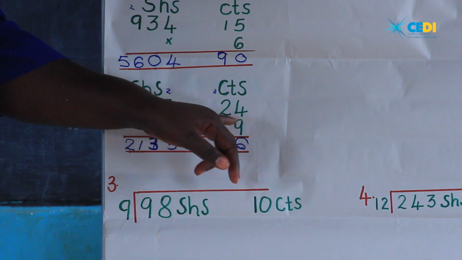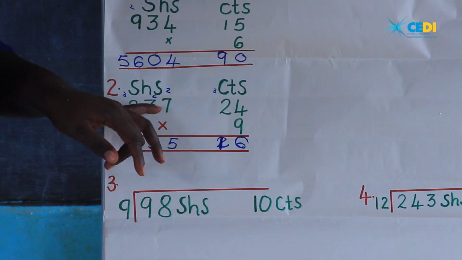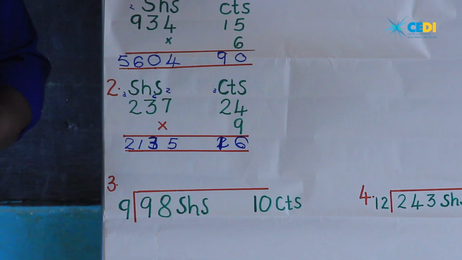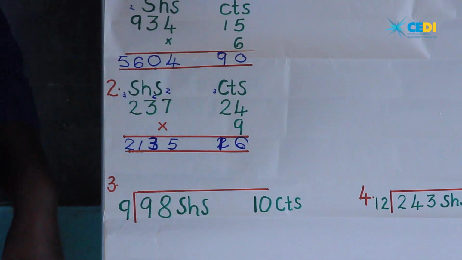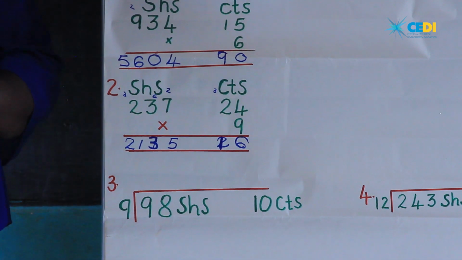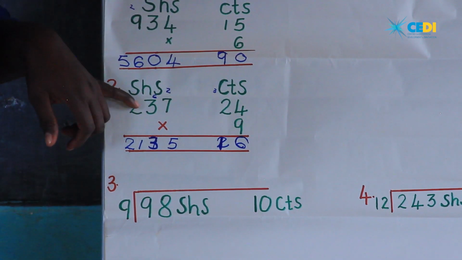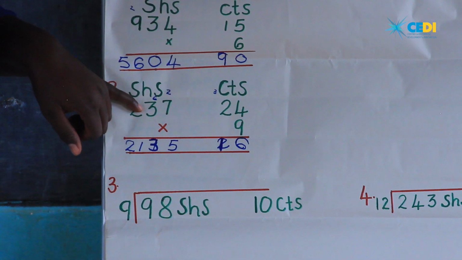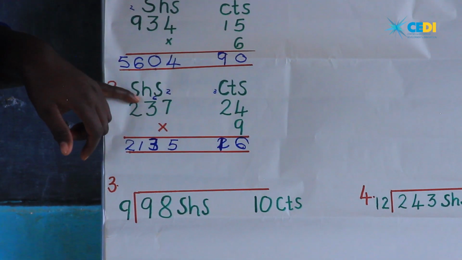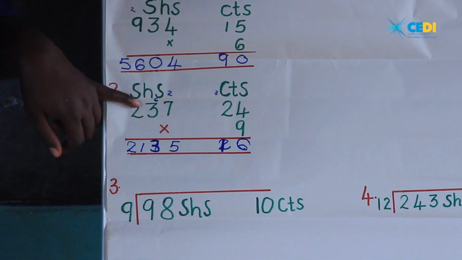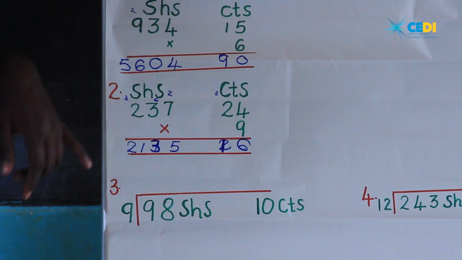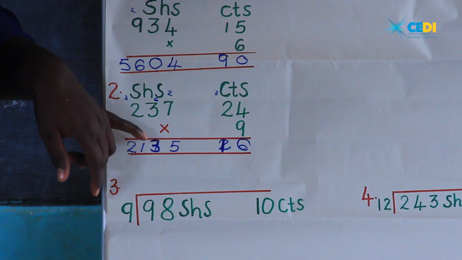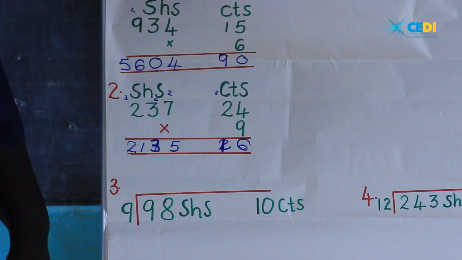We have 9 times 7. 9 times 7 is 63. 63 plus 2, we are going to get 65. We carry 6 to the next column. 9 times 3 is 27. 27 plus 6 will give us 33.